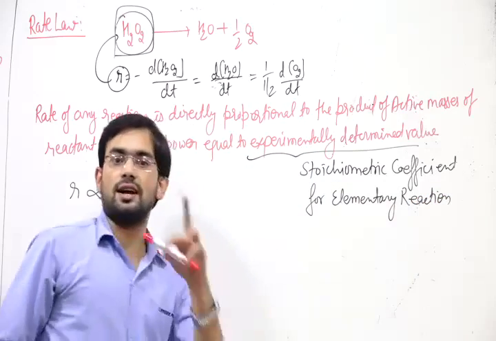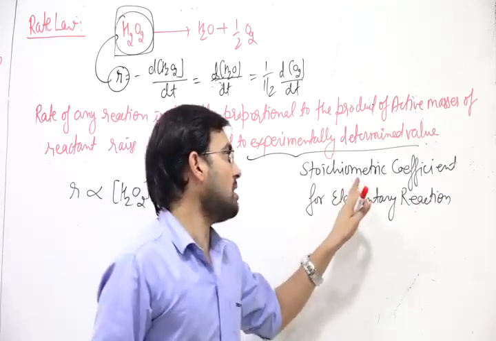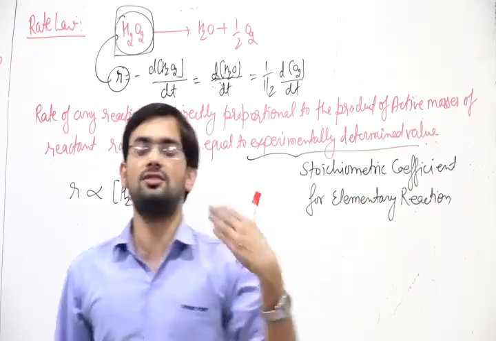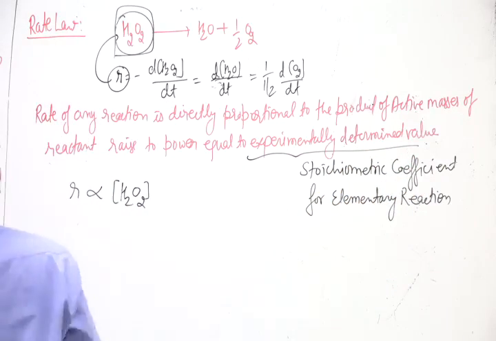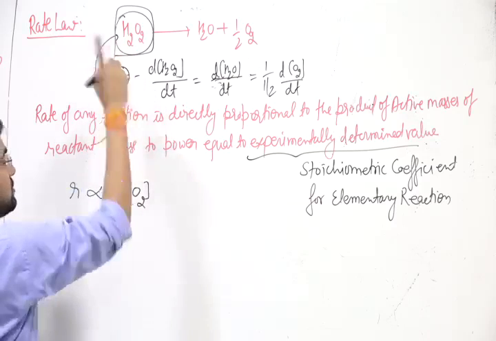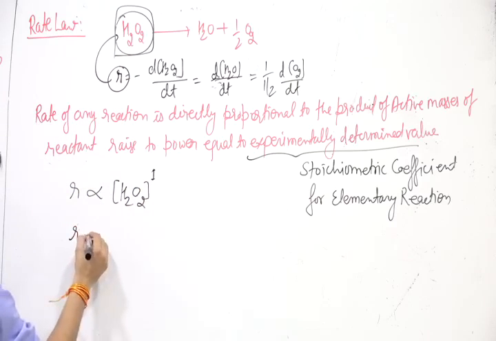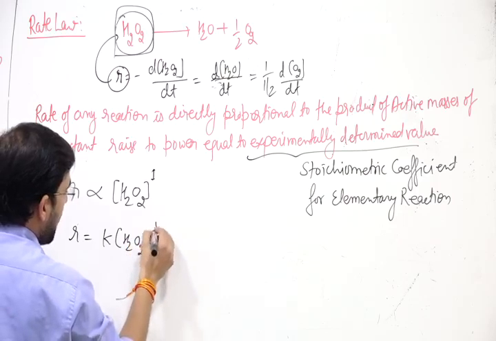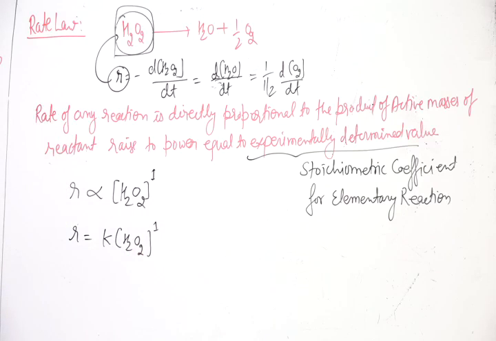Those reactions which occur in a single step, for them this value is also known as the stoichiometric coefficient. So here the stoichiometric coefficient is 1. Then I write R equals K of H2O2 power 1. Understand? This is known as the rate law or rate equation.